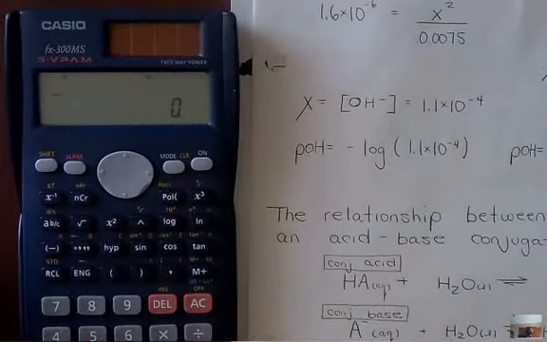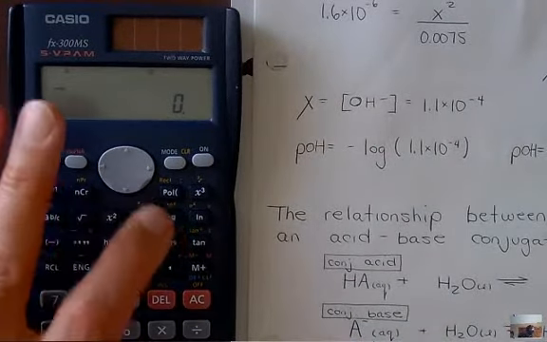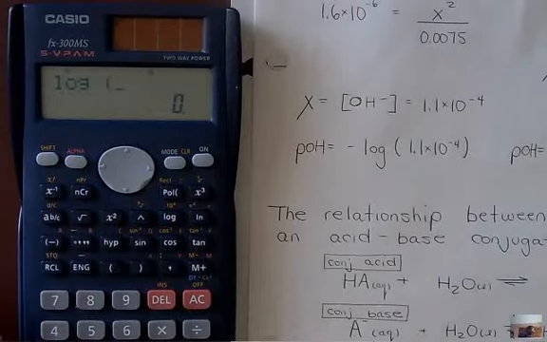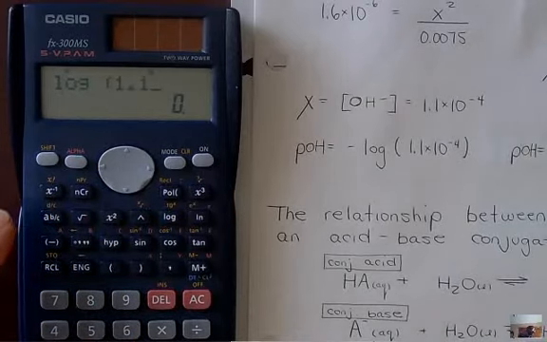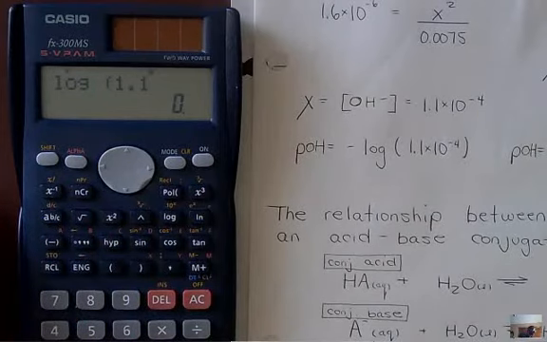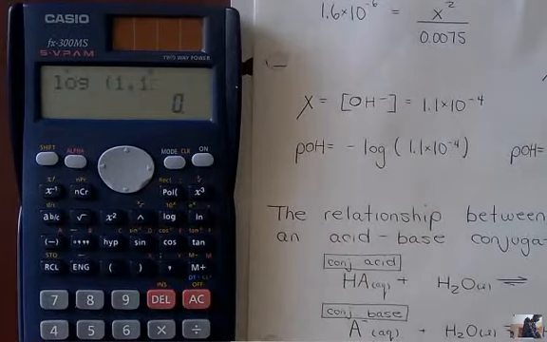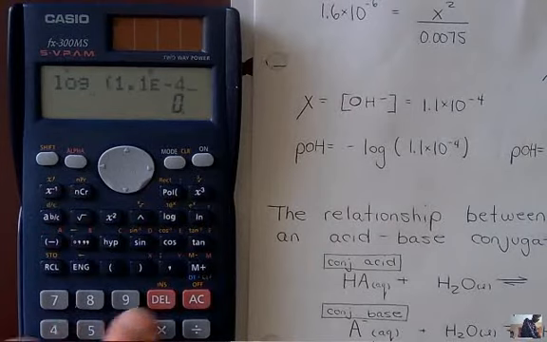So in this calculator, I'm going to put the log first. I'm going to open parentheses, and I'm going to put 1.1, E, where's my E button? E to the minus 4, close the parentheses.